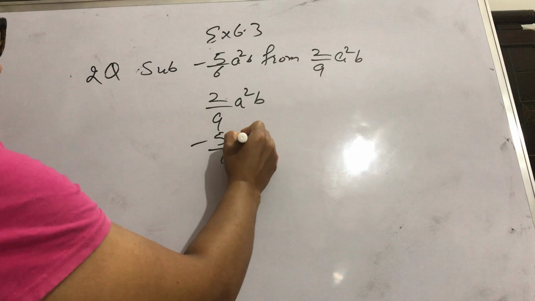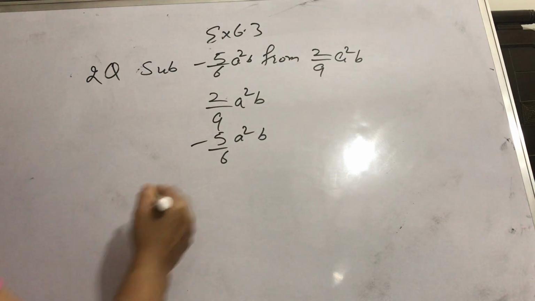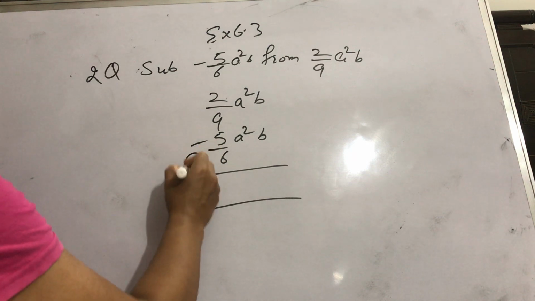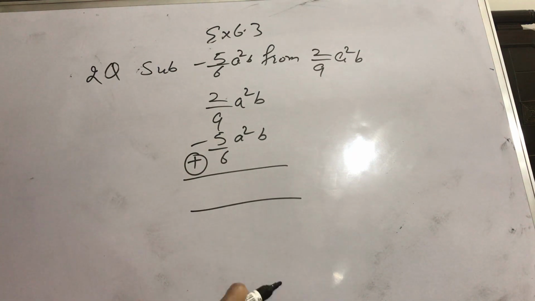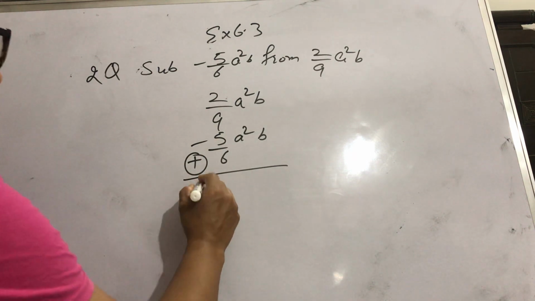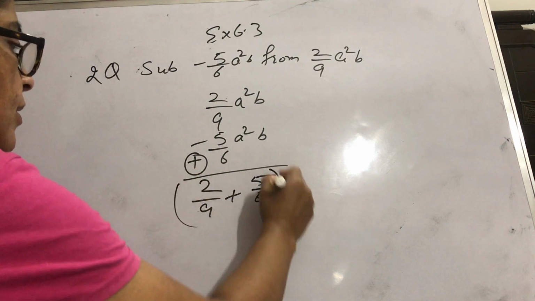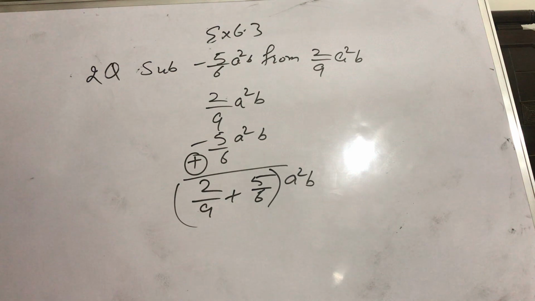Minus 5 by 6 a square b, that will be written at the bottom. Now the term written at the bottom, its sign will be changed. It will become plus. Now 2 by 9 plus 5 by 6 a square b. Now these are the two fractions and we will add them with the help of LCM. That will be our answer.